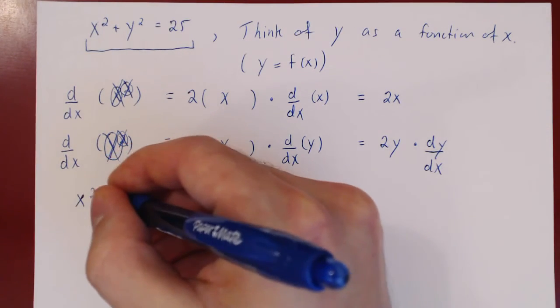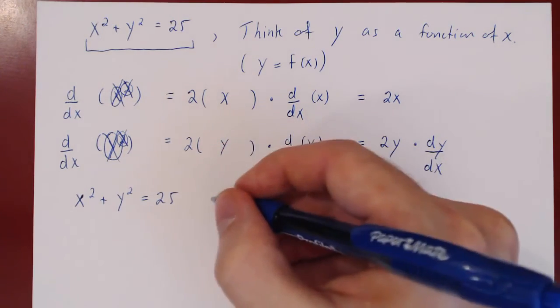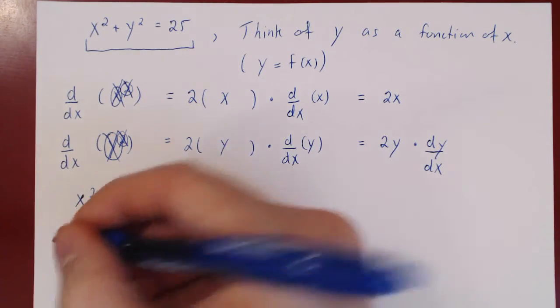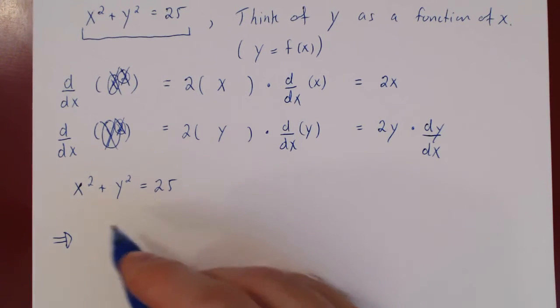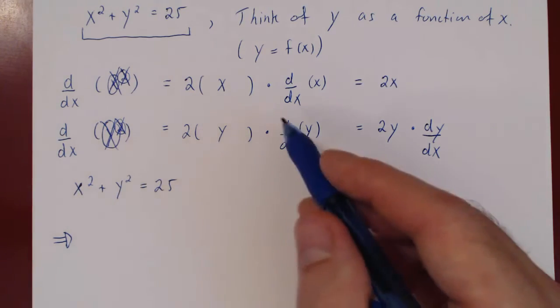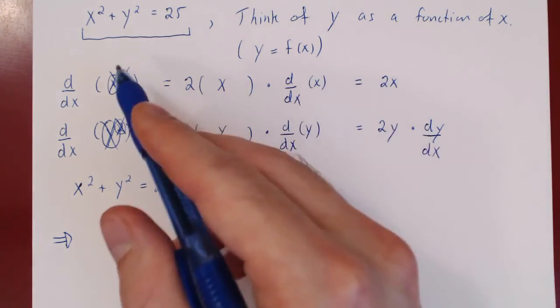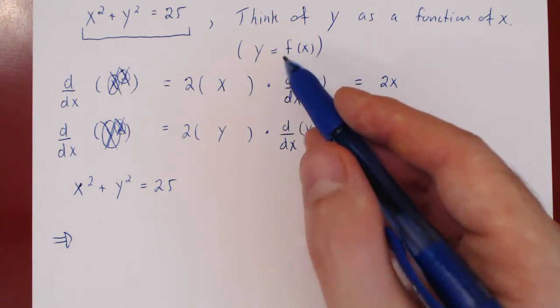You have an equality, so x squared plus y squared equals 25. Well, what is the implication here? If both sides are equal as functions of x, right, because y is a function of x, even though in this case we don't know exactly what it is, we still think of y being a function of x.